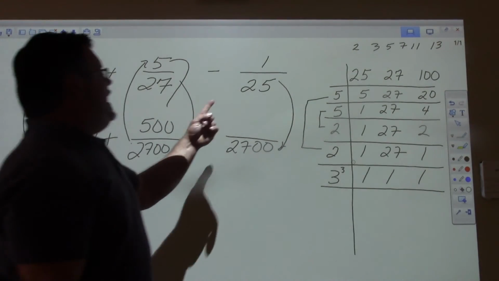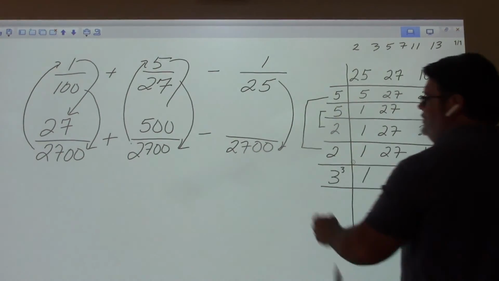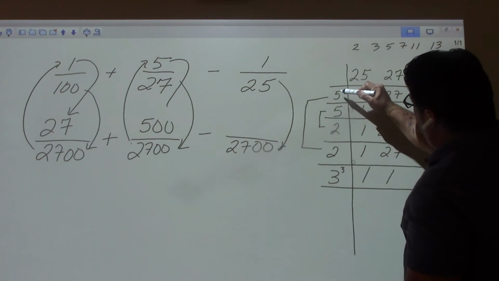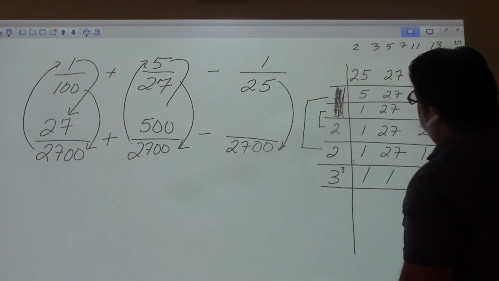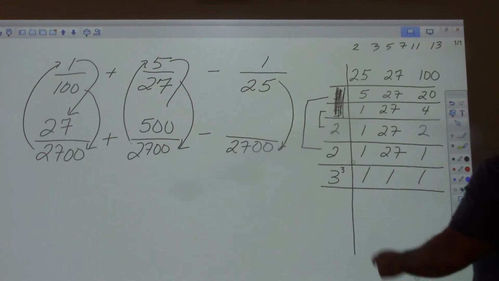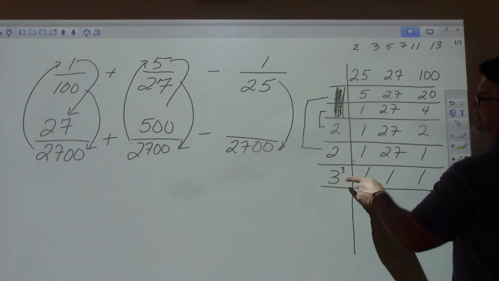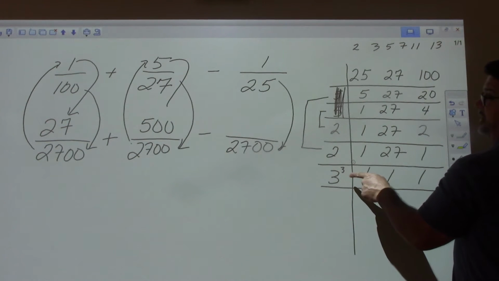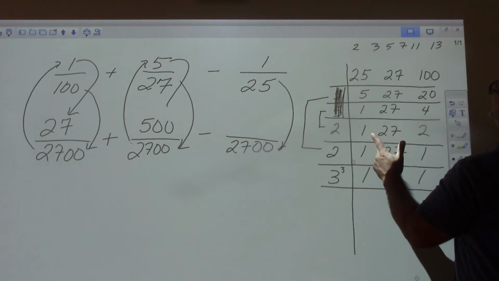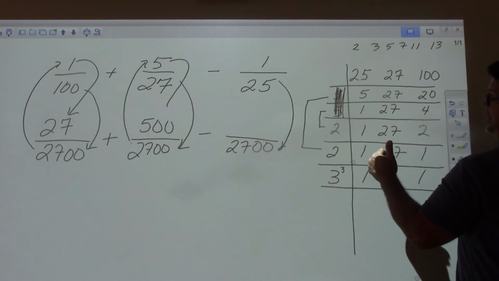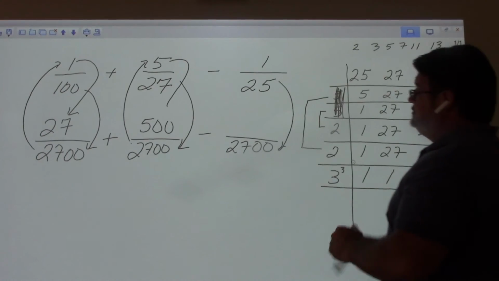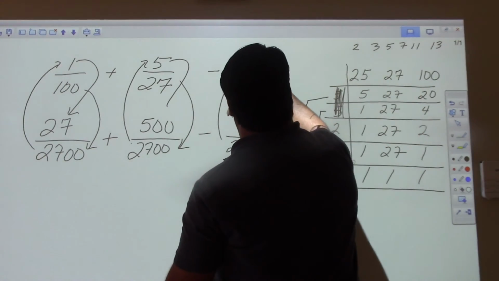Now 25 will go into 2700, take your 25 out, 4 times 27. Well, 4 times 25 is 100, and 4 times 27 is 108.